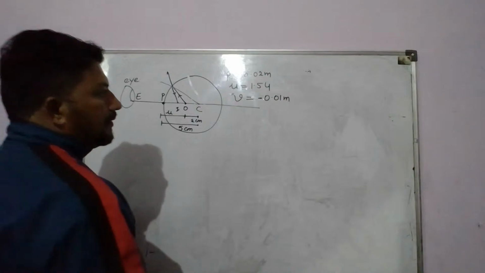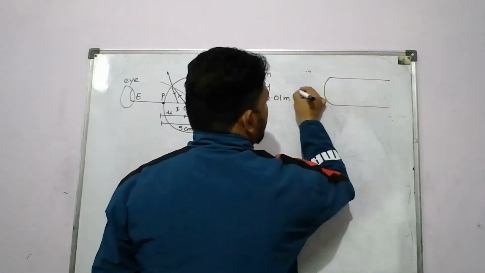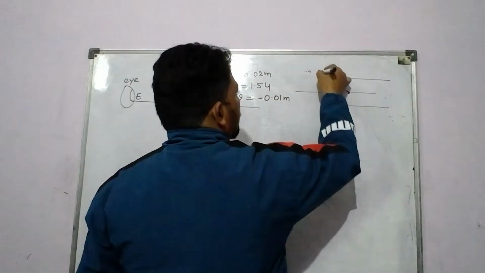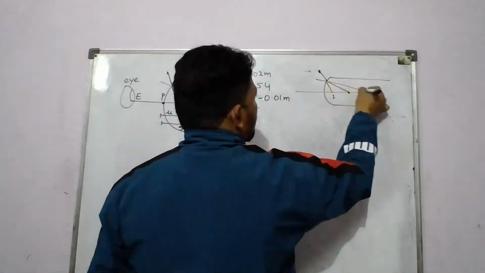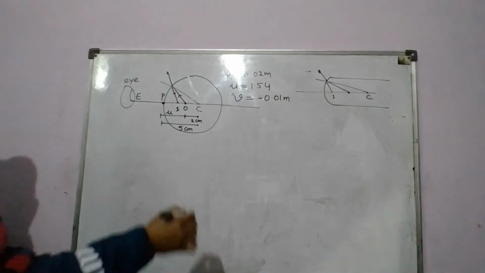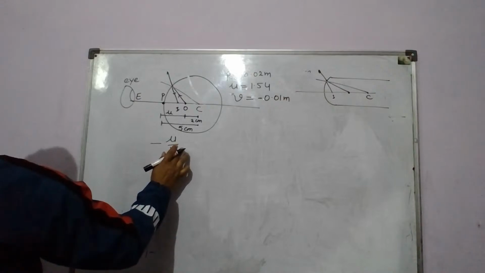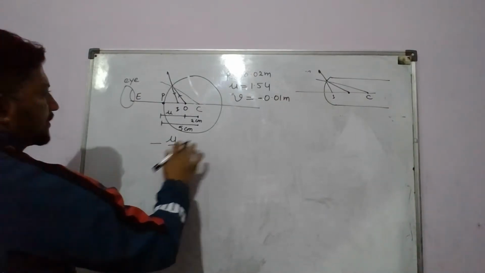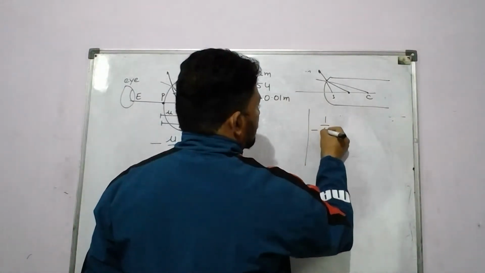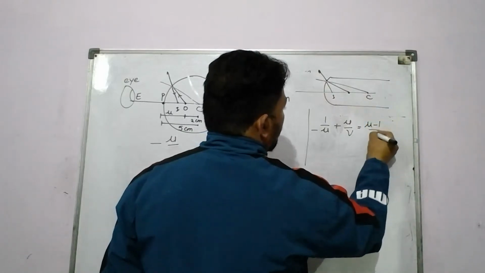So you read the formula like this: for a convex spherical surface and a concave spherical surface, the image is formed, so the result remains the same. So what is the formula? 1 upon minus u plus mu upon v is equal to mu minus 1 upon r.